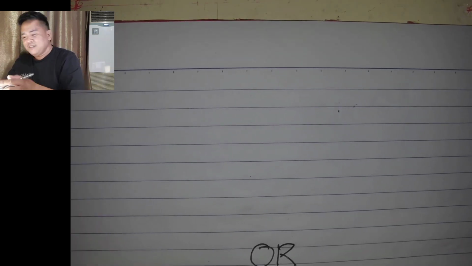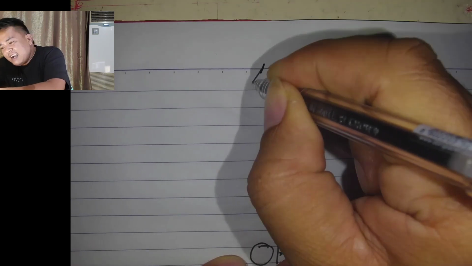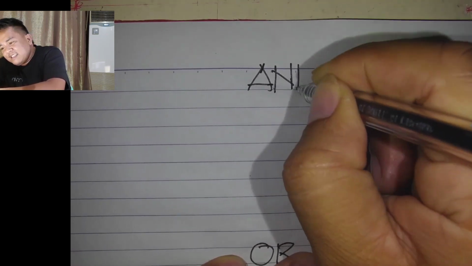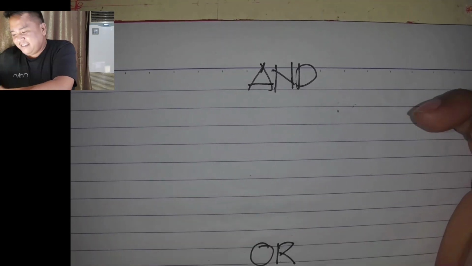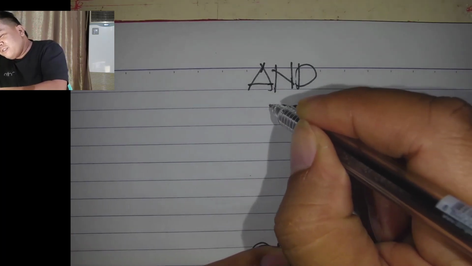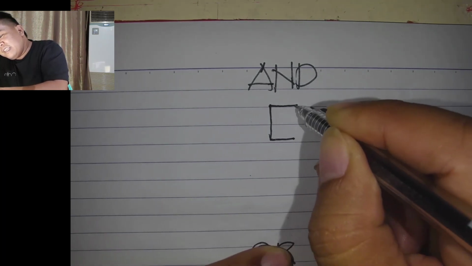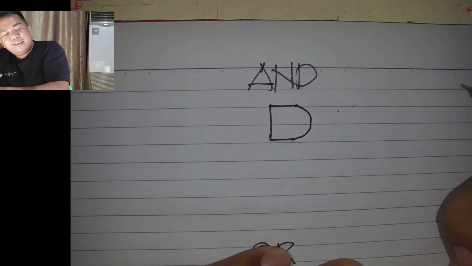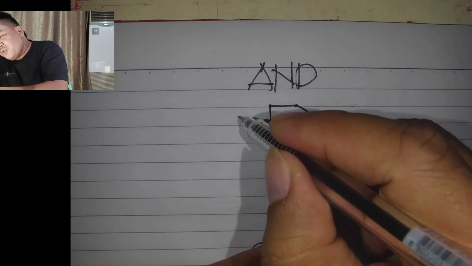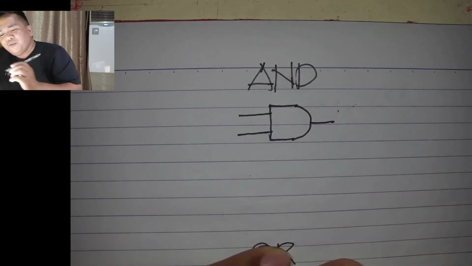So, next gate is itong tinatawag natin na AND gate. Anong symbol ni AND gate? Ito yung symbol. So, draw ka niyan. So, this is an AND gate. We have two inputs, a 2-input AND gate. 2-input muna tayo, class.